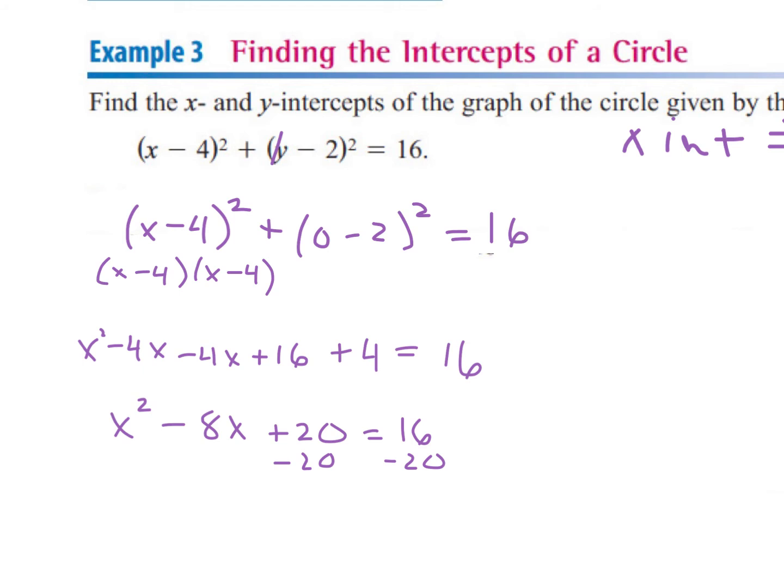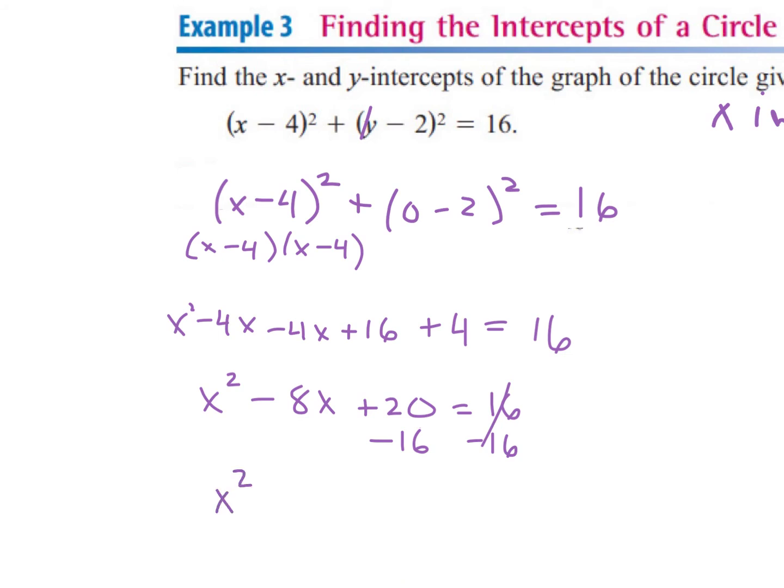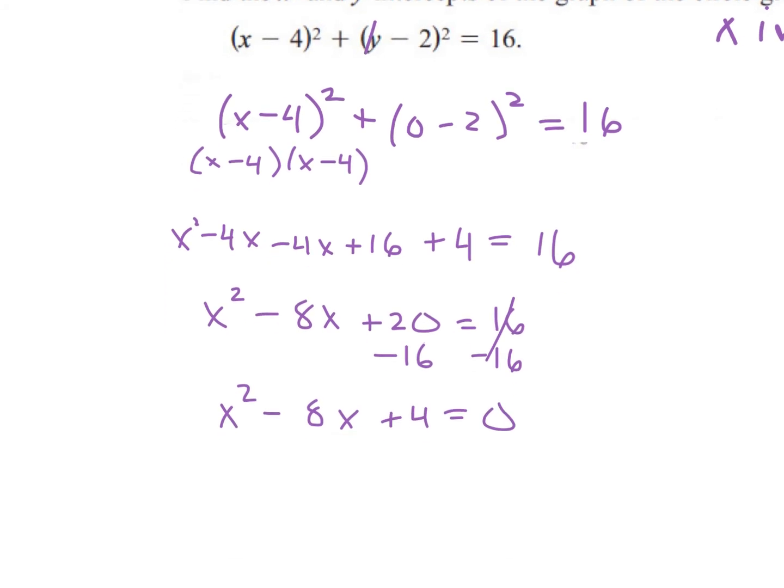So it would be better if we did what instead of subtracting the 20? Subtract the 16. So we want to move the 16 over because we're going to have to factor anyways. So we have x squared minus 8x plus 4 is equal to 0. Now, what are two factors of 4 that add to negative 8?